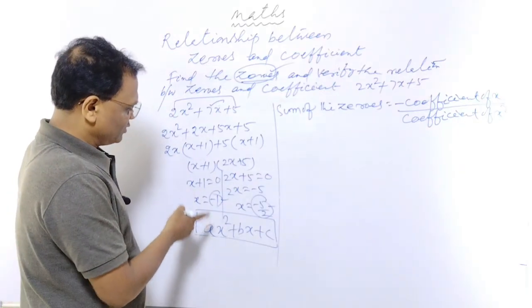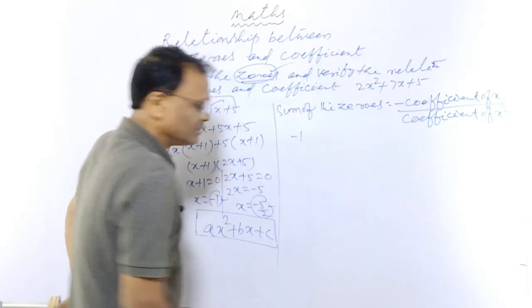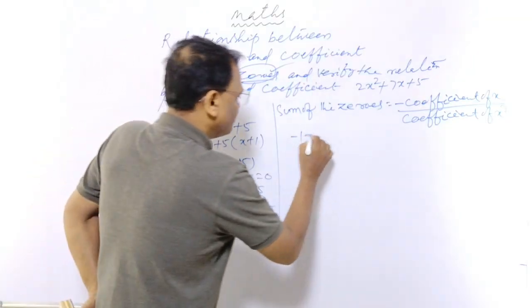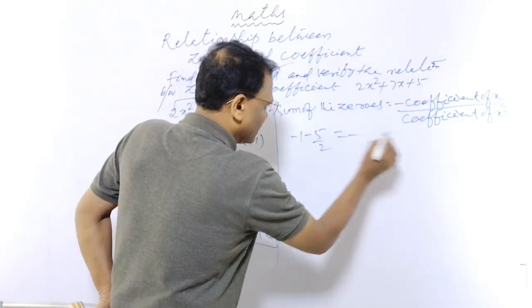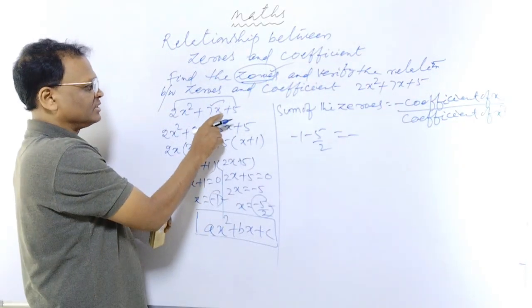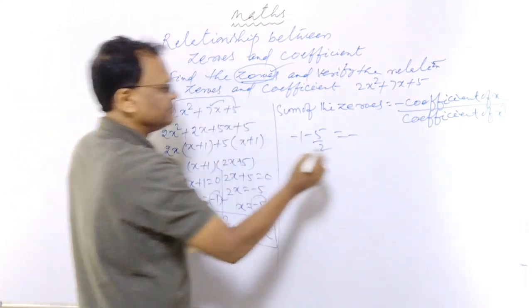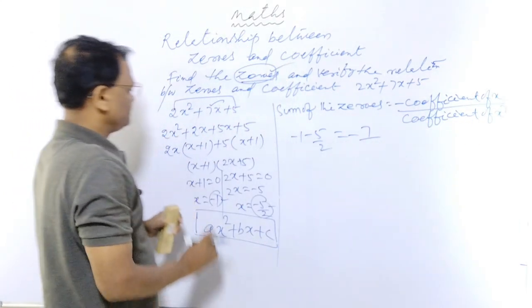Sum of the zeros. What is my sum of the zeros? My zeros are these two, right? Minus 1 and minus 5 by 2 is equal to minus sign, right? Minus sign, the coefficient of x. The coefficient of x is 7, by the coefficient of x square.